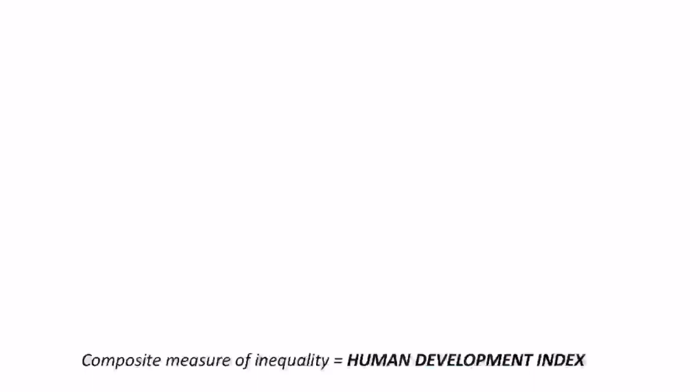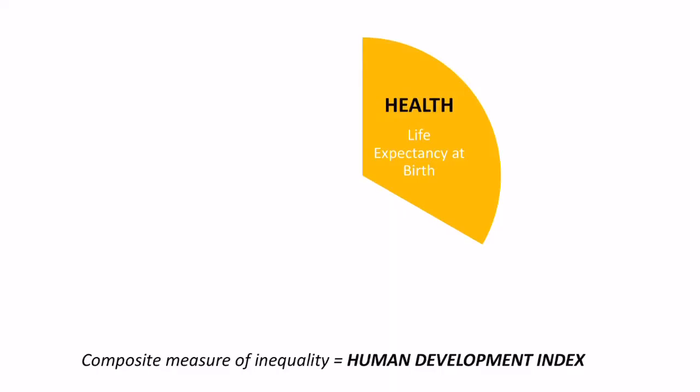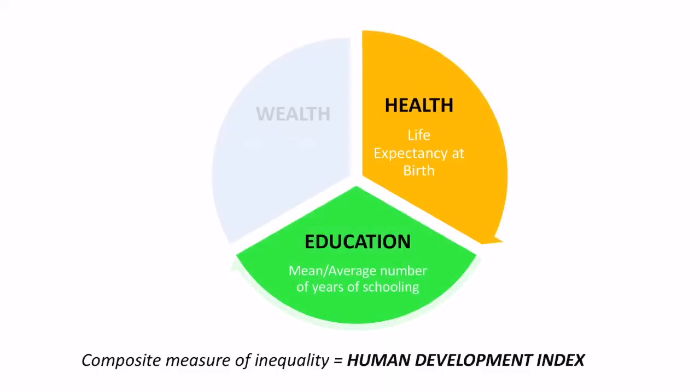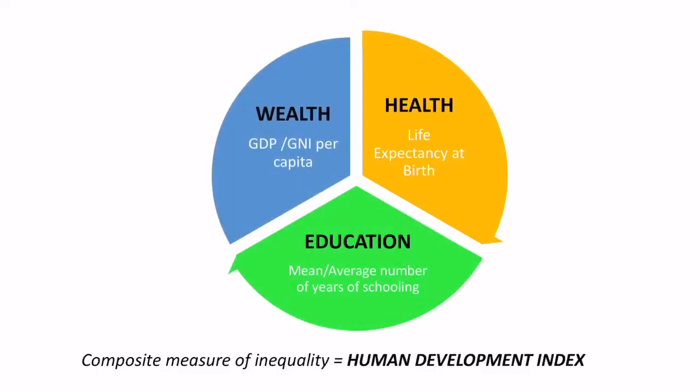Last thing to really consider is that we can look at composite measures of inequality, where we get several indices and put them together to get a general picture of inequality. And the Human Development Index is that. It looks at health, education, and wealth: life expectancy, average number of years of schooling, and GDP or GNI per capita.